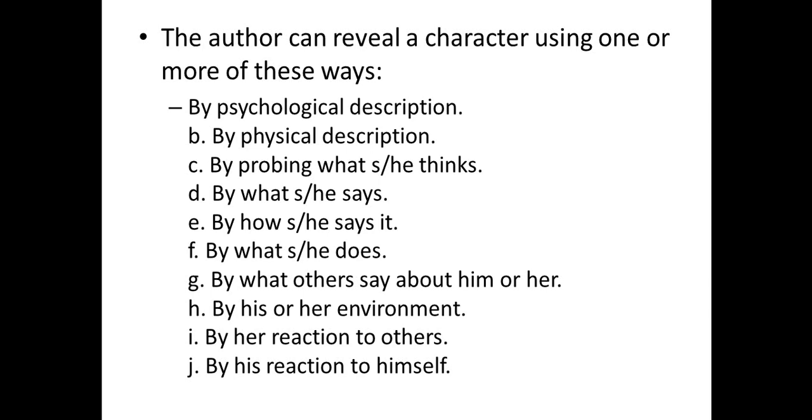Let me tell you what the character thinks. Through his way of thinking, you can understand him, so you can know him. Also through what he says. When you analyze quotes said by a certain character in a story, this will lead you to analyze his personality, what he does, what others also say about him. It will help you know this character.